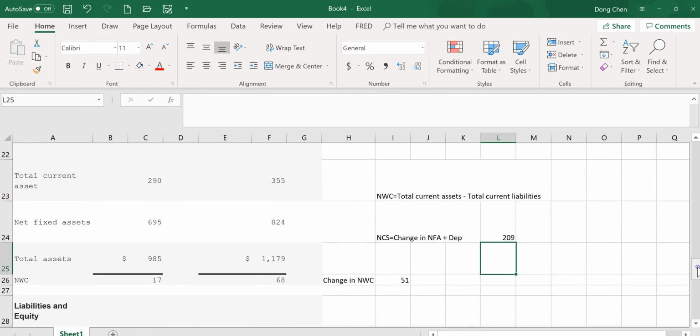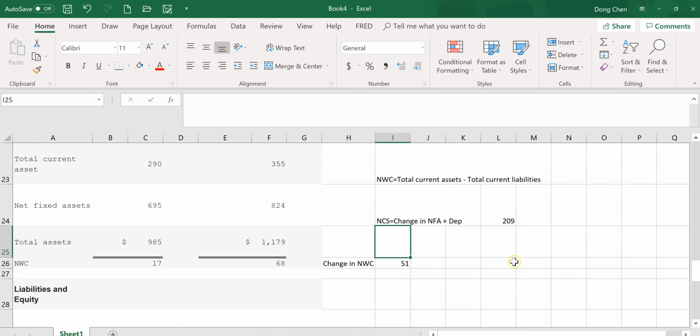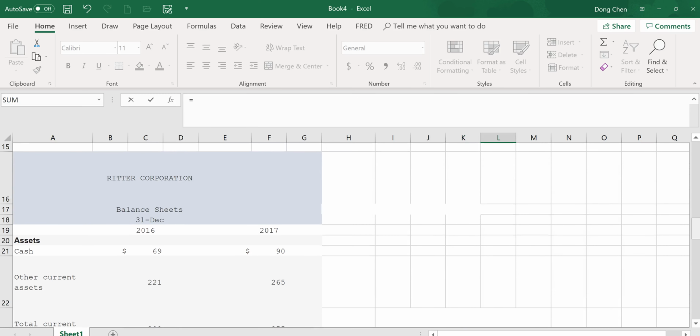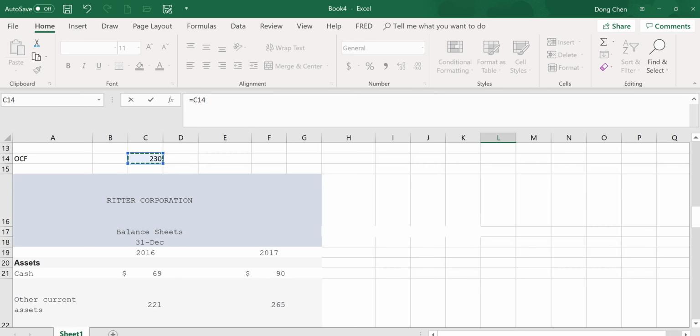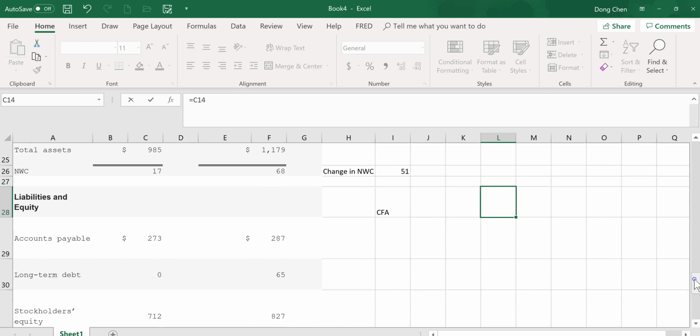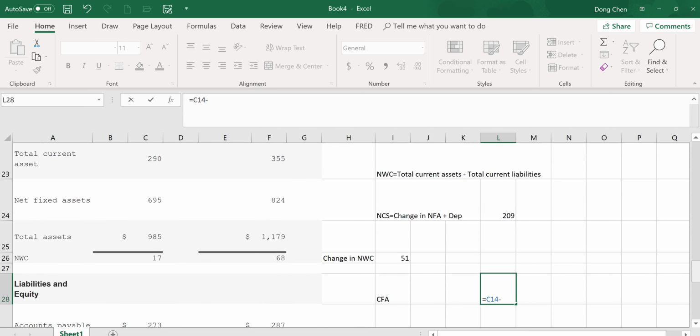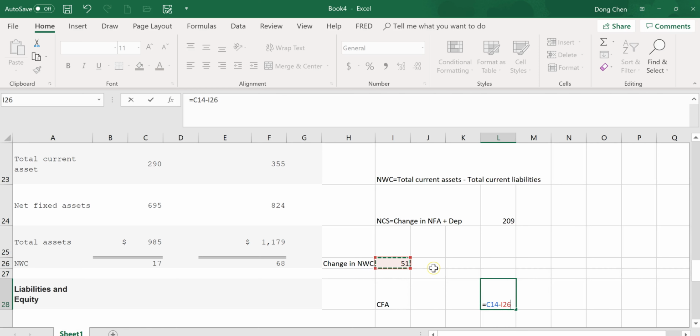And finally, we can get cash flow from assets here. Cash flow from assets is the operating cash flow right here, and then minus the change in net working capital right here, and then minus the net capital spending.